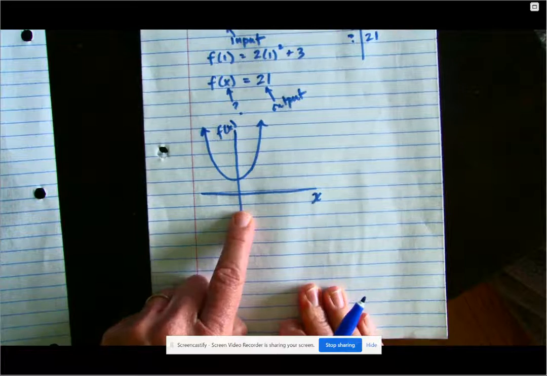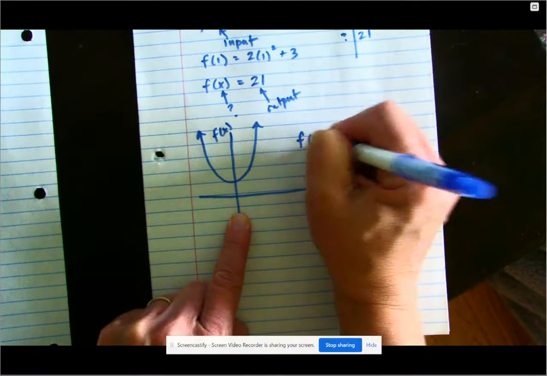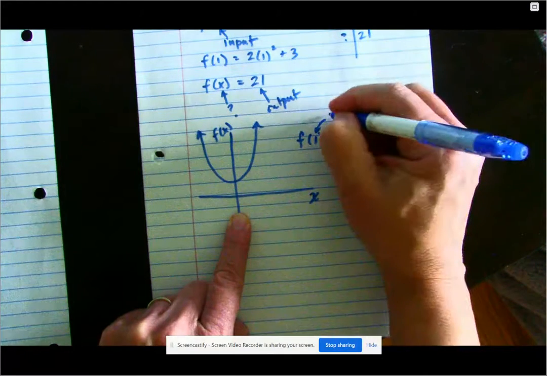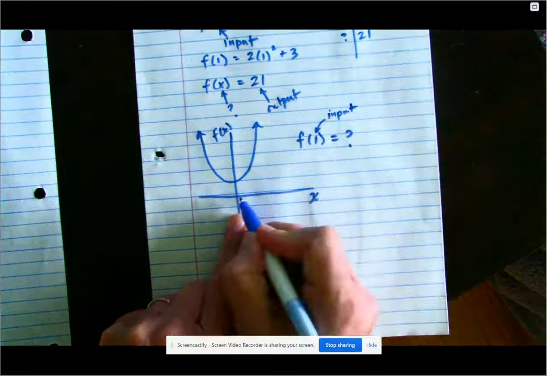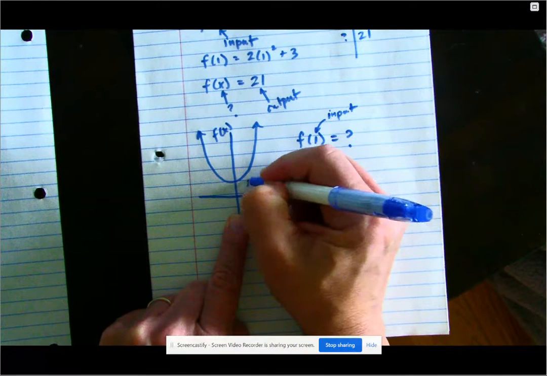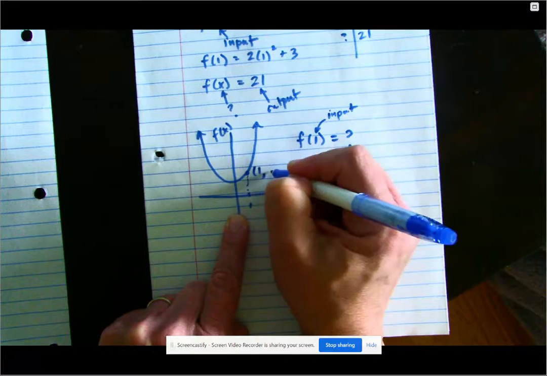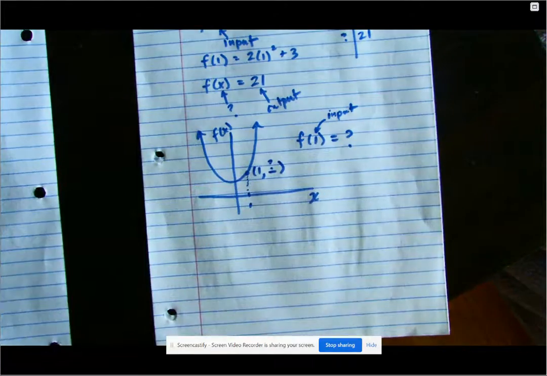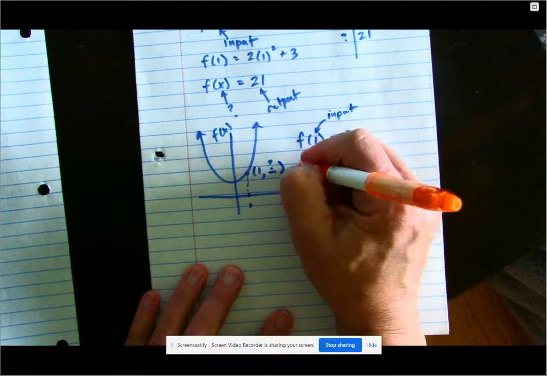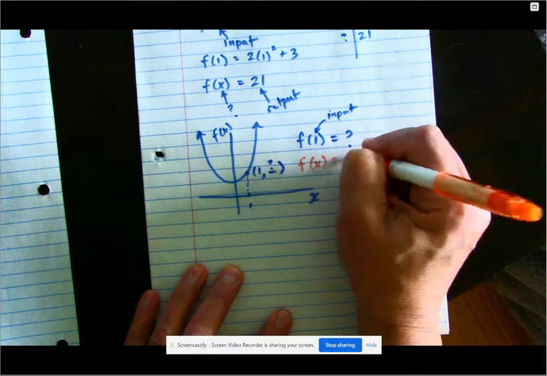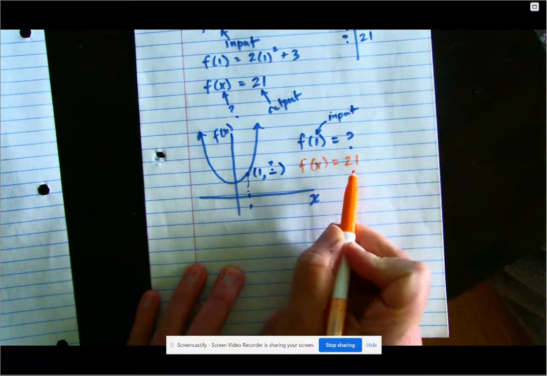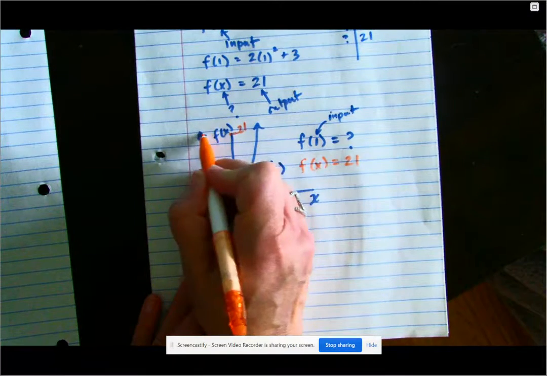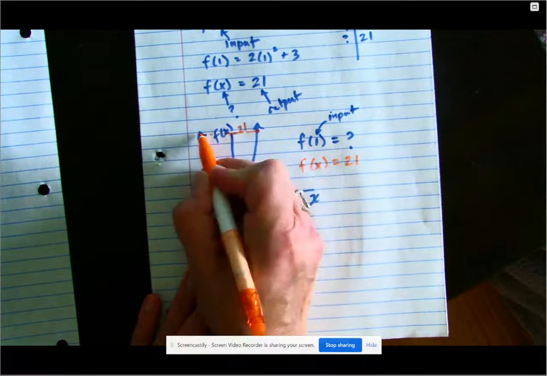If we wanted to know what f of 1 was, we would go to 1, that's your input, on your x scale, and we would follow it up and figure out what the output is when the input is 1. If they said f of x is 21, they are asking you to go to your output of 21, and what is the input?